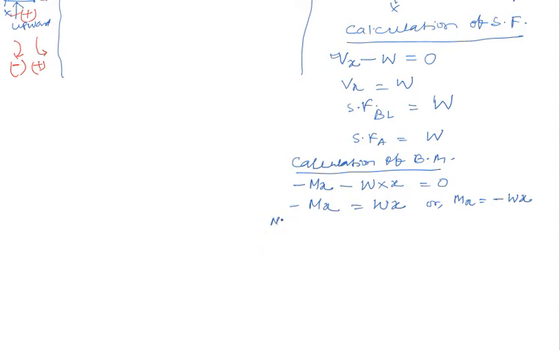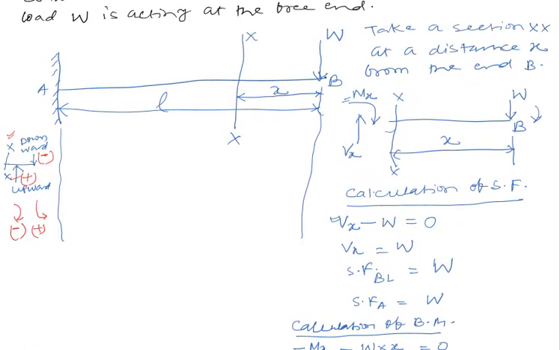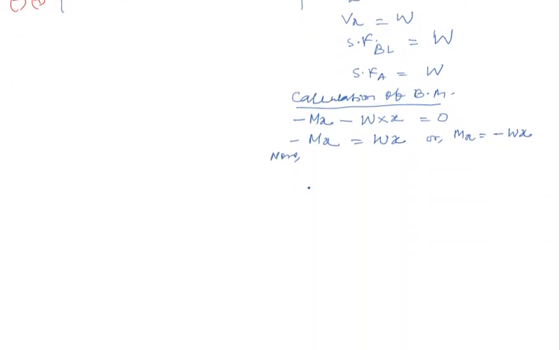Now let's calculate the bending moment at section B. What will be the bending moment at section B at this point? Bending moment at B, and in this case x equal to 0, correct?